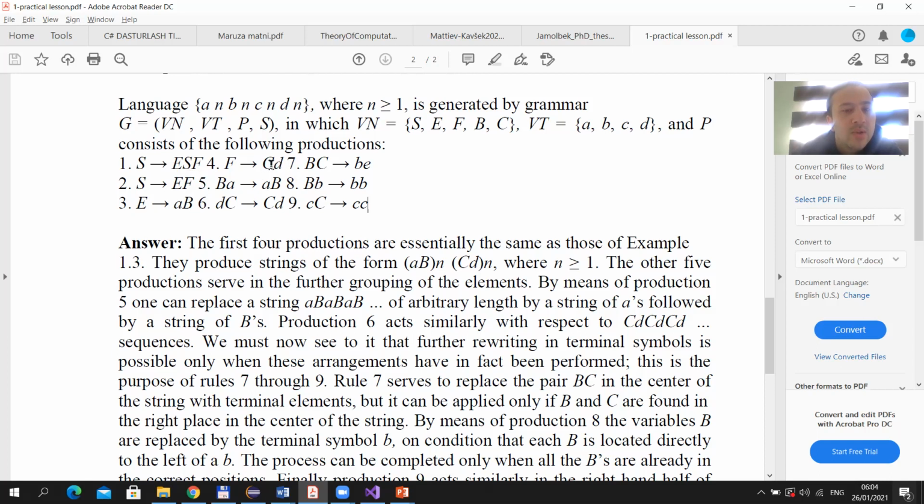If we put CD instead of F, then we will get n times CD here. So n times AB and n times CD.